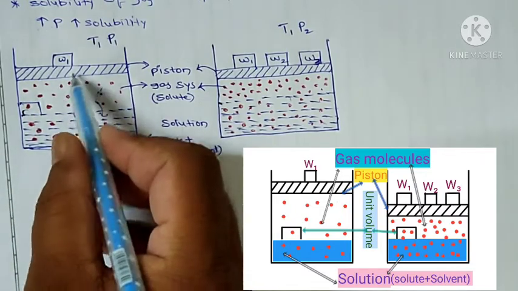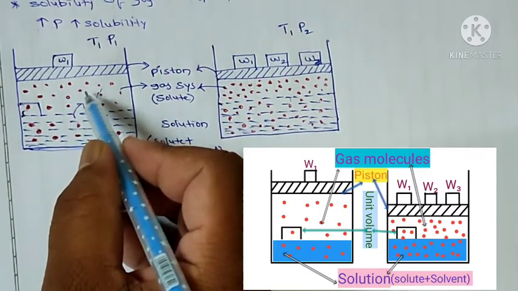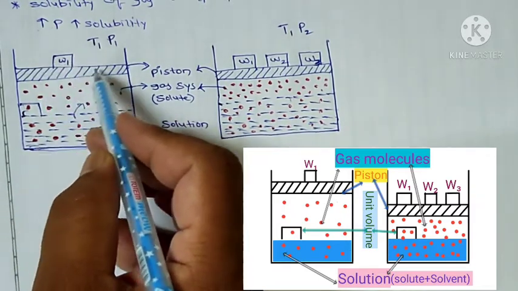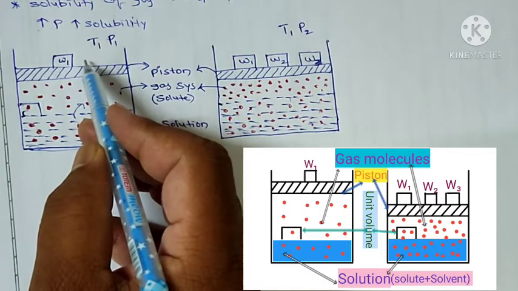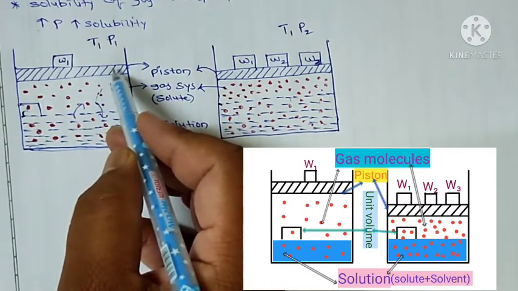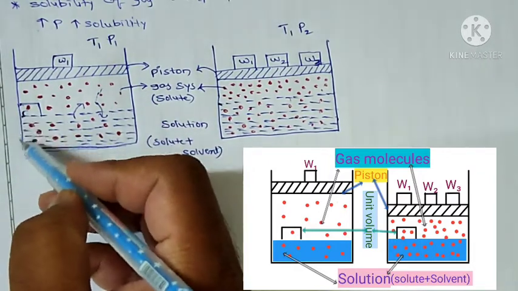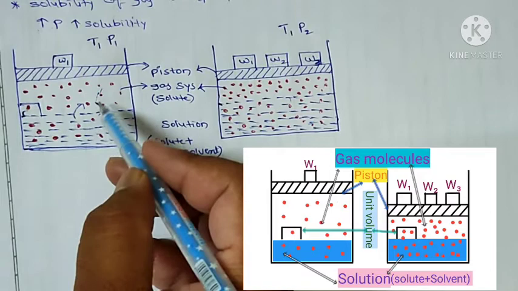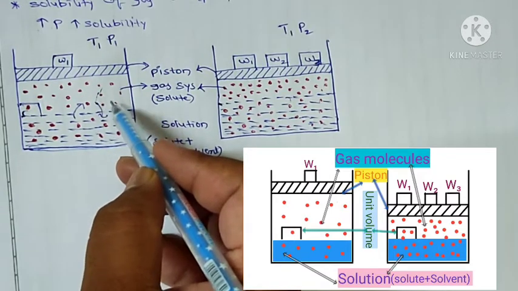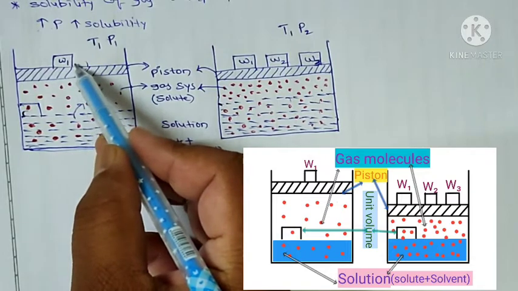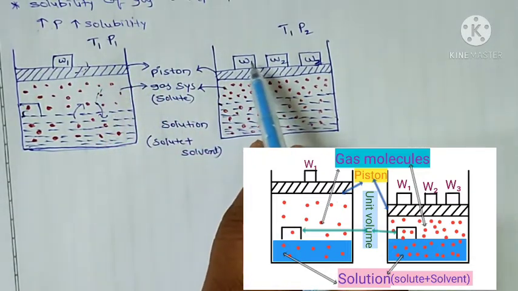For increasing pressure, what do we have to do here? We have to take more weights above that piston. If you increase the weights above that piston, then the piston comes down, meaning the volume decreases. If the volume decreases, automatically the pressure also increases. Above that piston I am taking three weights.